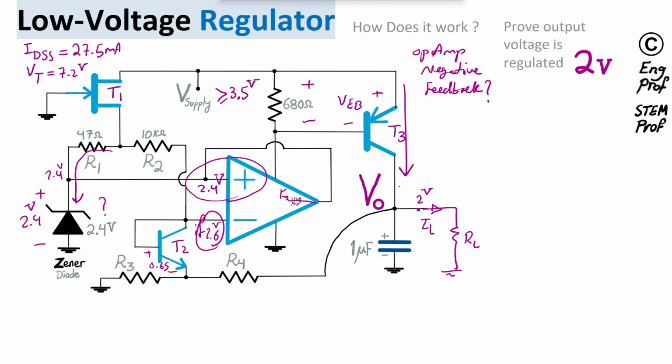instead of positive 2.4, that is enforced by the Zener diode for the positive terminal, then what happens is the OpAmp notices that the negative terminal has higher voltage. Just to make sure that I am showing it right, at the output of the OpAmp, we have a transistor like this.